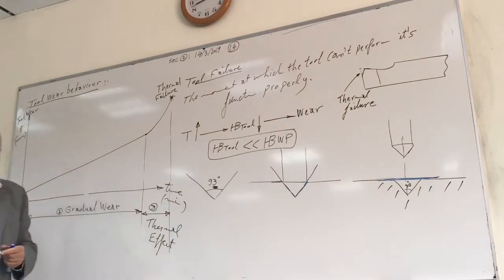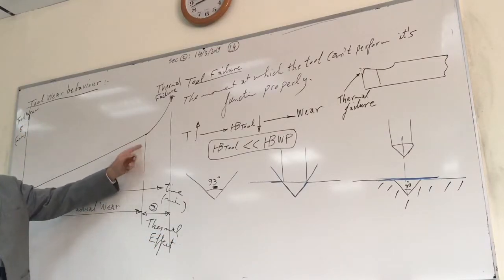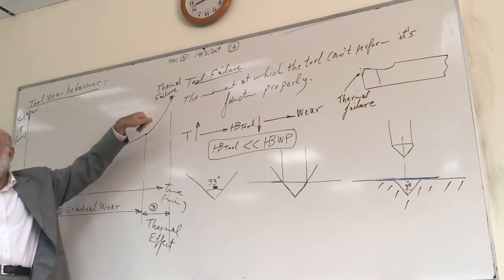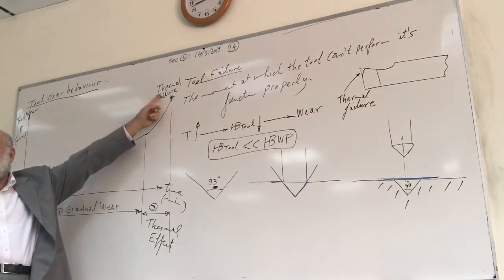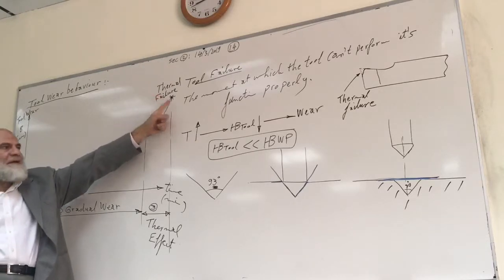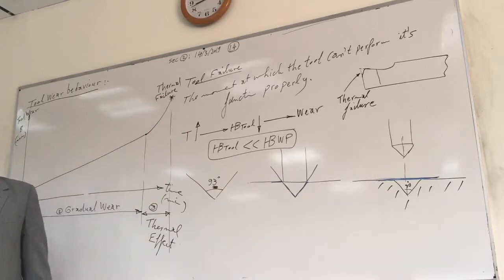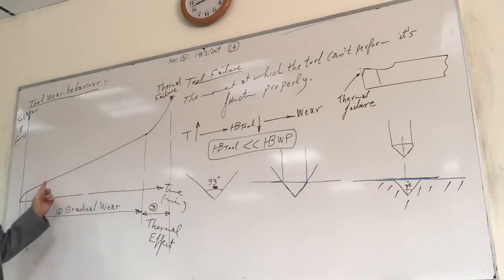What is the effect of too much heat? This one. Rapid rate. Rapid rate ends by thermal failure. This is the thermal failure. Is it clear? Okay. And no one uses the tool outside the straight line.